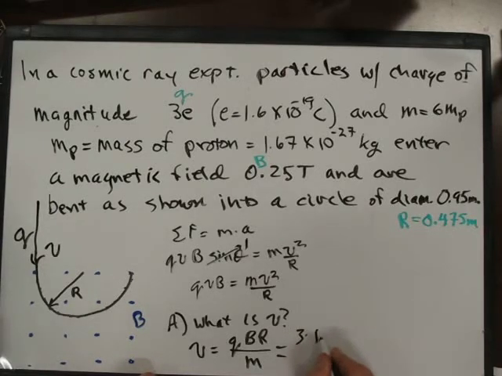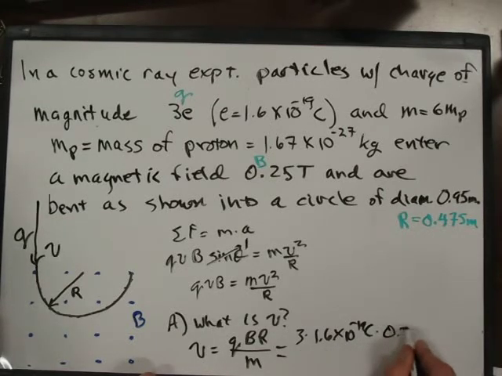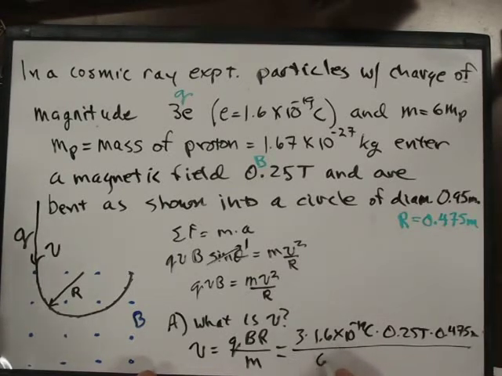And what that gives me is 3 times 1.6 times 10 to the minus 19th coulombs. So that's the charge, 3e, times the magnetic field, which is 0.25 Tesla, and times the radius, which is 0.475 meters, all divided by the mass, which is 6 times 1.67 times 10 to the negative 27 kilograms.